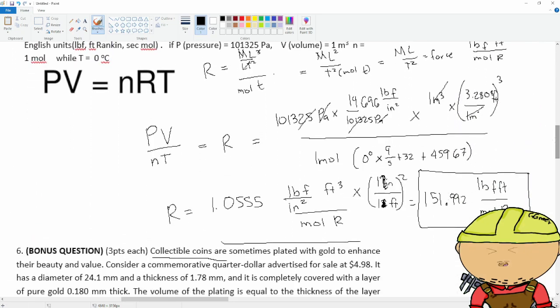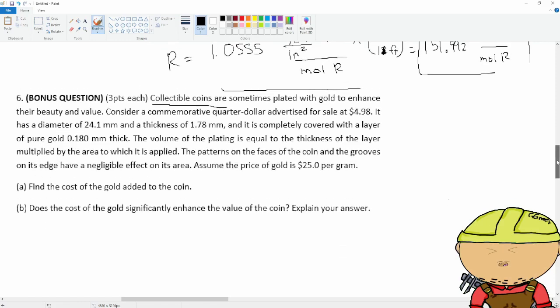Next problem. Collectible coins are sometimes plated with gold to enhance their beauty and value. Coins are cylinders, right? But they are much thinner than typical cylinders. Consider a commemorative quarter advertised for sale at 4.98.